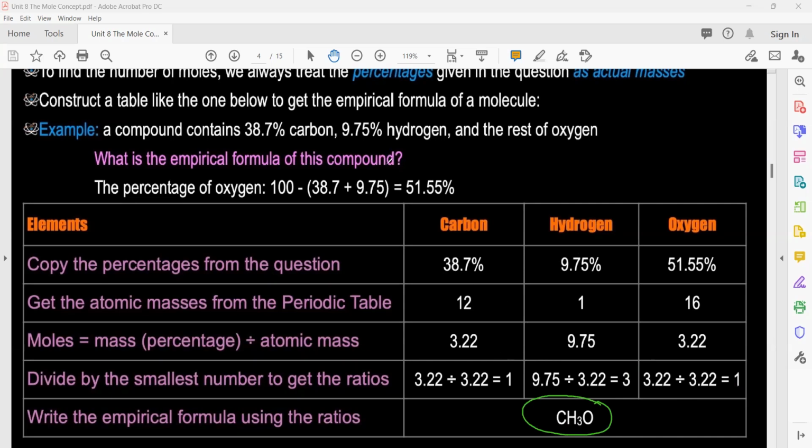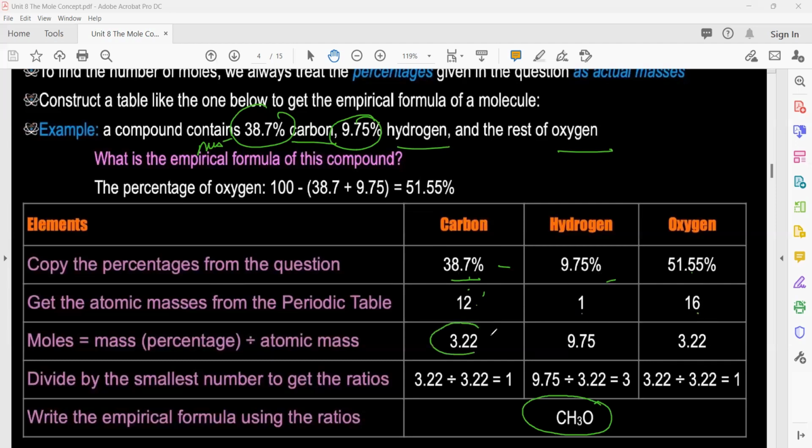Once again, in the exam, if they say to you, find the empirical formula, they will give you which elements are present. For example, carbon, hydrogen, oxygen. Then they will give you the percentage or they will give you the mass. So here percentage is given for all of them. Then you see the periodic table and divide by their AR. For example, carbon 12, hydrogen 1, oxygen 16.